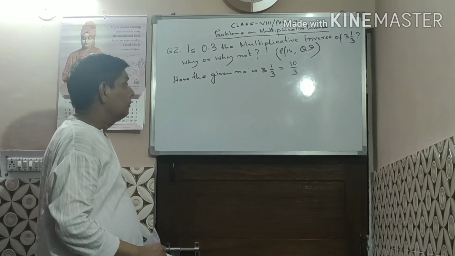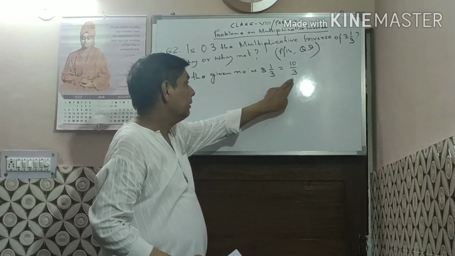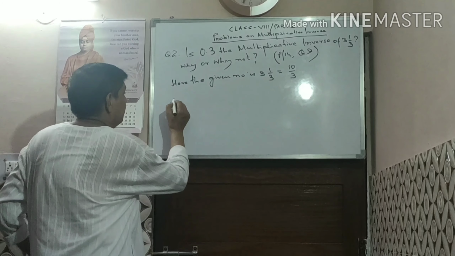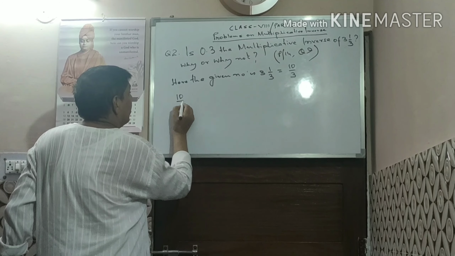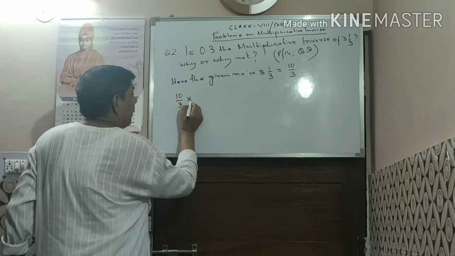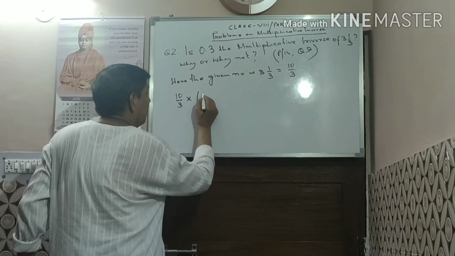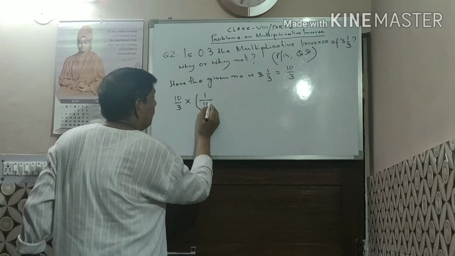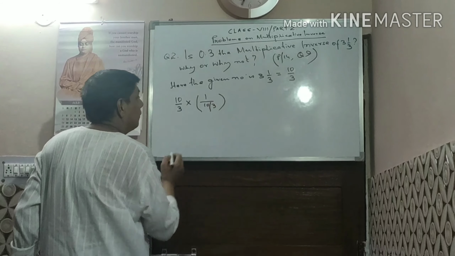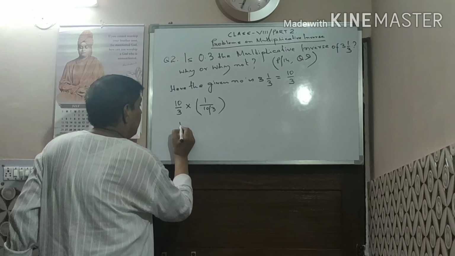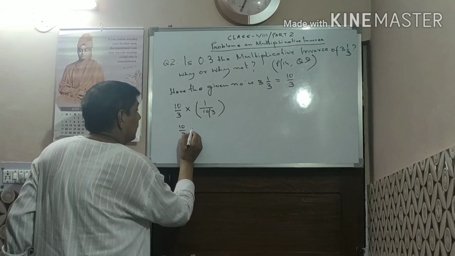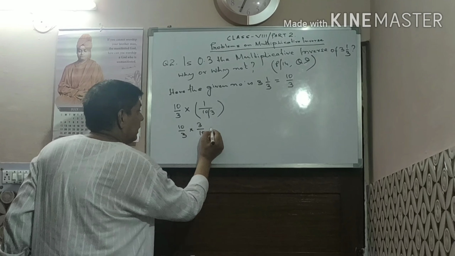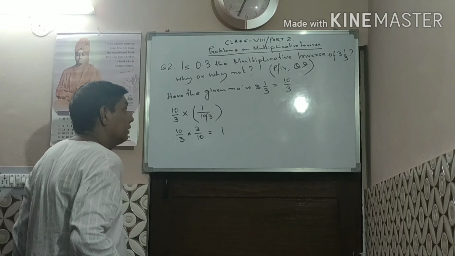Now we have to find out the multiplicative inverse of 10 by 3. 10 by 3 multiplied by the reciprocal of 10 by 3. Now it will come 10 by 3 into 3 by 10. So after cancelling, we will get 1.